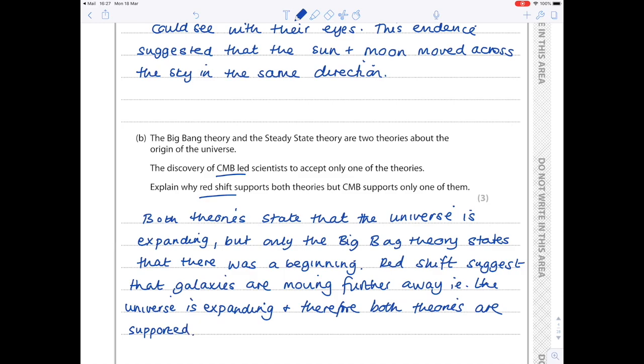However, the CMB which is present has to provide evidence for there being a beginning, and that's why it only supports the Big Bang Theory and it is unable to support the Steady State Theory.